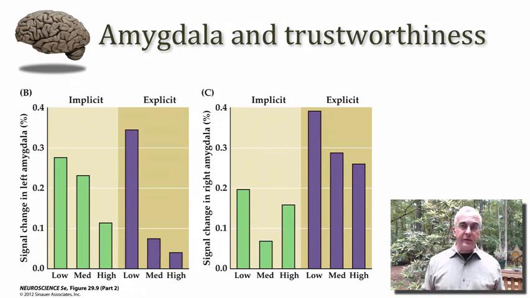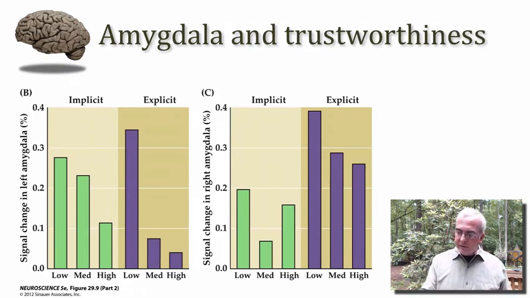And the evaluation instructions are either explicit about making a determination about trustworthiness, or the evaluation is implicit. That is, the participants in the study are directed to make some other differentiation, such as whether the faces are of university students or secondary education students.